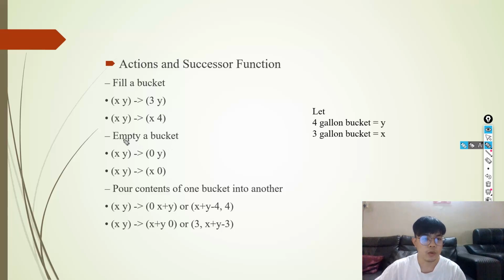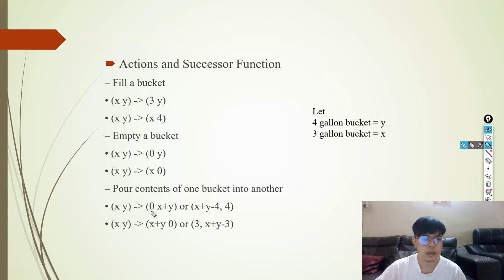Next we empty a bucket. How do we empty a bucket? Just like the above, we pour out all the water in the bucket, so it will be (0, y) and (x, 0). Next, we pour the content of one bucket into another.